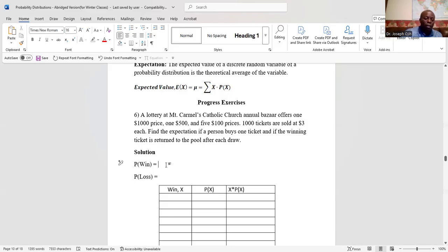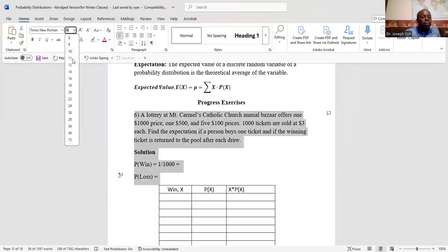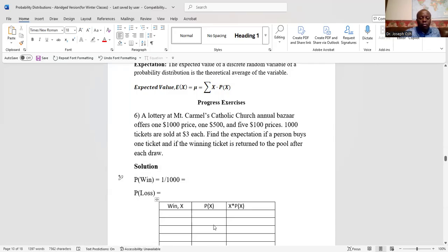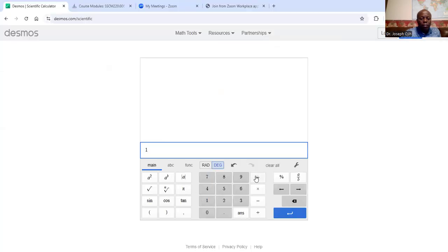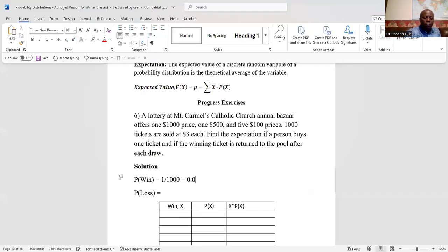So the probability of a win is 1 out of 1,000, since the ticket is returned to the pool. So 1 divided by 1,000 is 0.001.